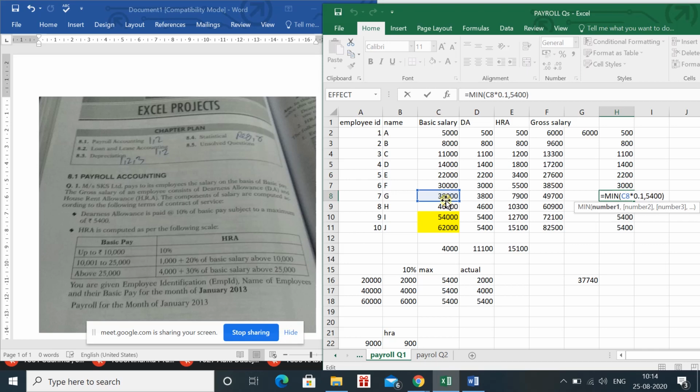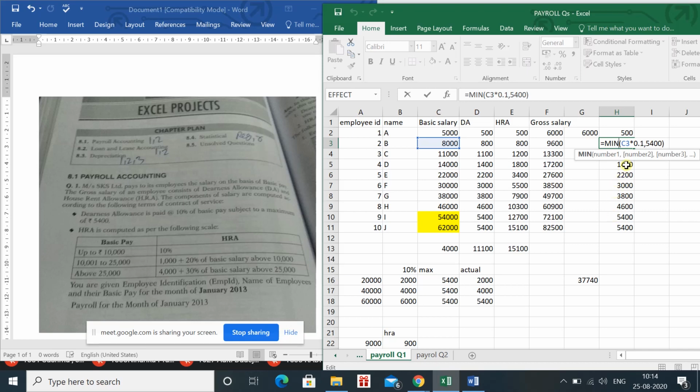Because for the first employee, the first row, you are using C2, then for next you will use C3, so it is automatically adjusting. It will adjust only if you are not using the dollar sign.